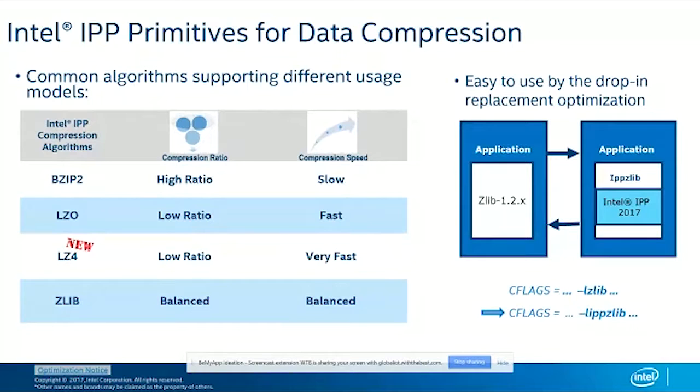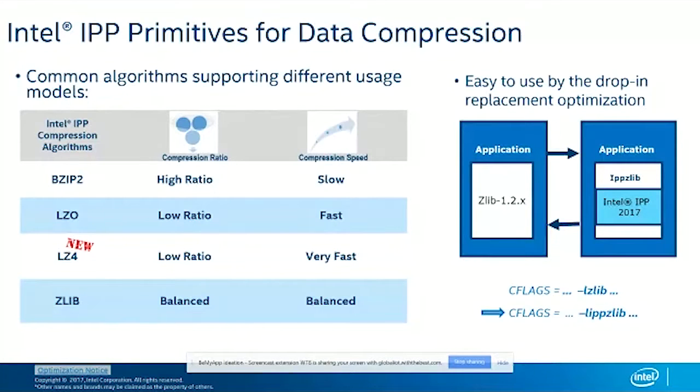LZ4 is a very fast data compression algorithm, so it can be used for real-time transmission cases. So IPP offers everything from high-compression bzip2 to low-compression LZ4, and it supports several ways of data compression.